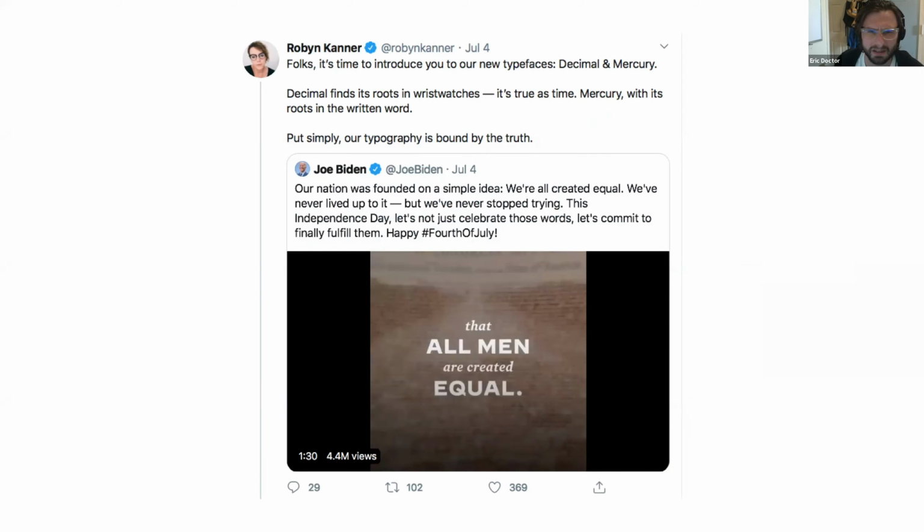You hear a lot of bullshit around descriptions of typefaces, and part of that is because typefaces are really hard to describe. We're talking about purely formal characteristics and how they make us feel. But I don't think this is completely off base.